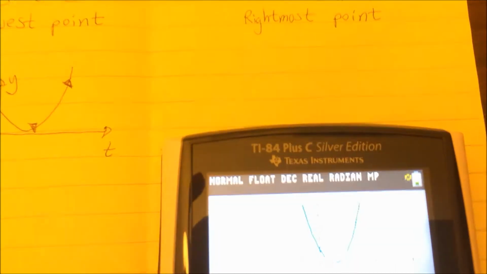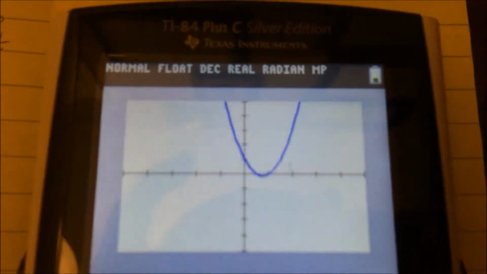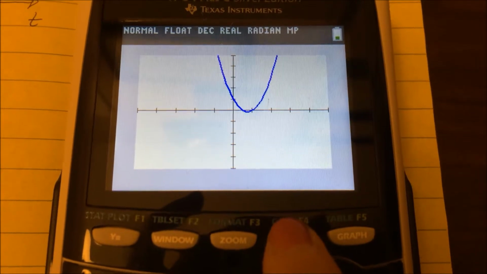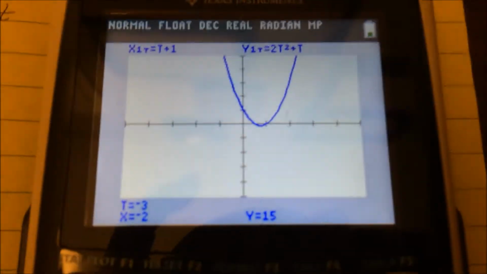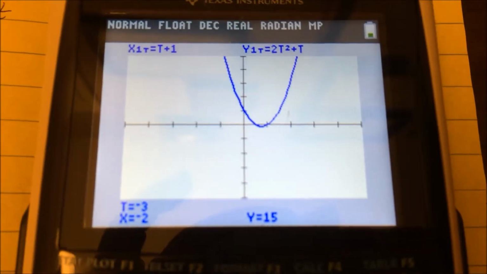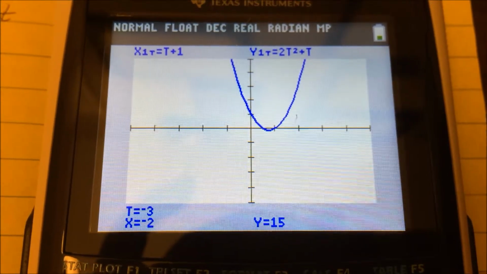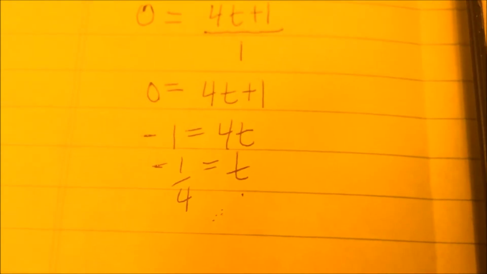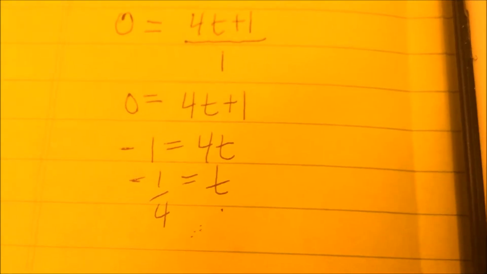Well, let's check this out right here. So here, when we graph this out, right there, the difference on this one is if I press trace this time, you're going to get a t, you're also going to get x, and you're also going to get a y, okay, which was not there before when we did function. So I said that t is equal to negative 1/4 is the lowest point or the max or min.